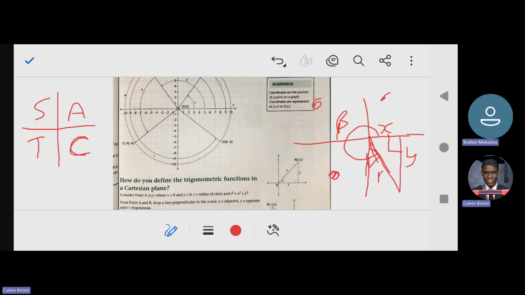Opposite over hypotenuse. That's what you do, which is what over what? From our diagram here, what is sine? This is the angle beta. And I told you beta is outside. You can also put it inside like that. So what is sine beta?